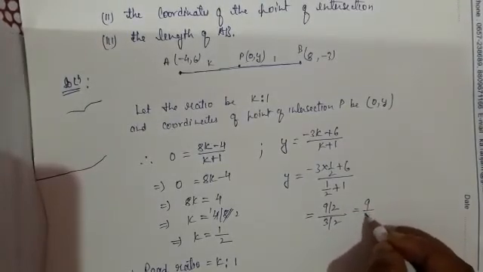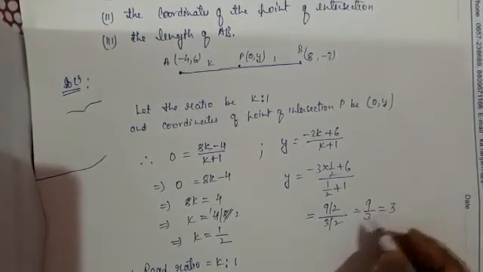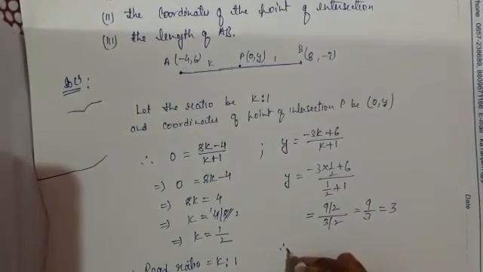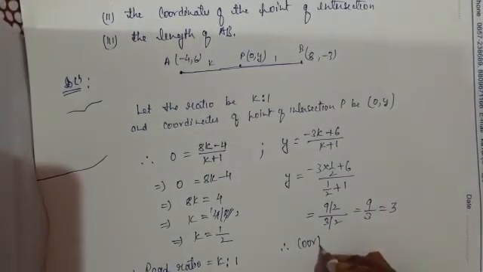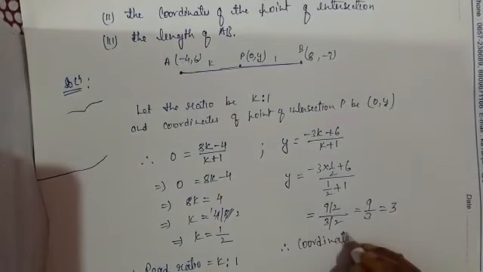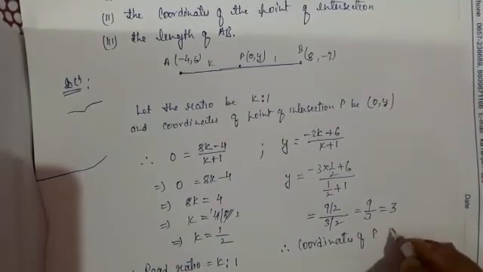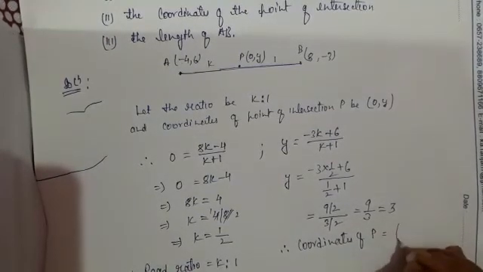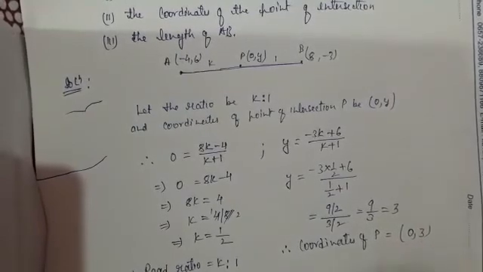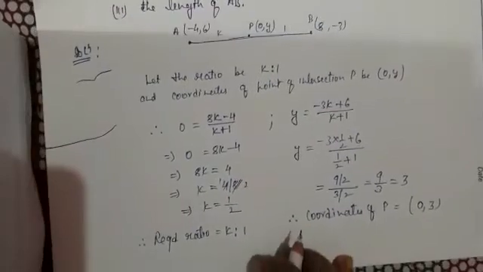That means 9 by 3 is equal to 3. Therefore, coordinates of P is (0, 3).